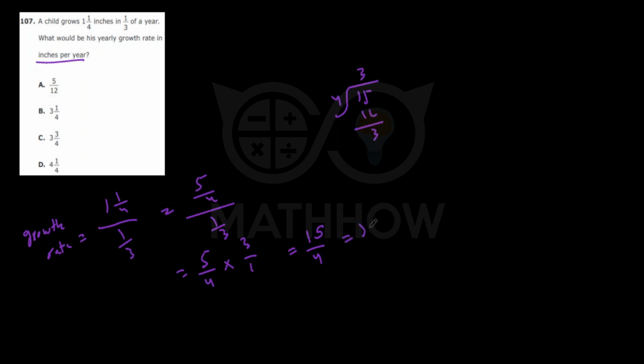This can be written as 3 and 3 by 4. So the rate is 3 and 3 by 4 inches per 1/3 of a year. So the correct answer is, sorry, the rate is 3 and 3 by 4 inches per year. The correct answer will be option C.